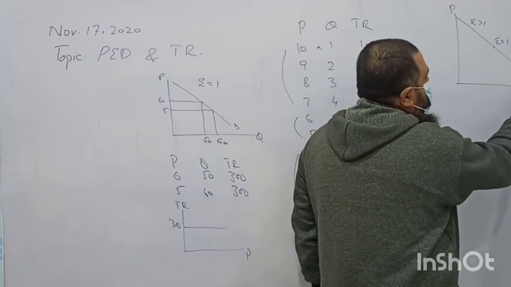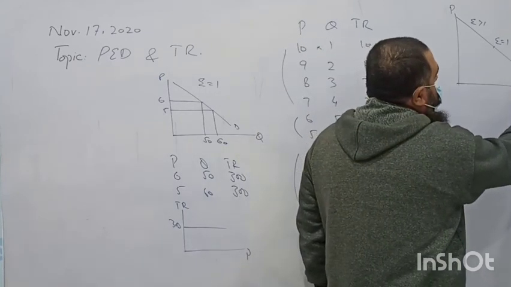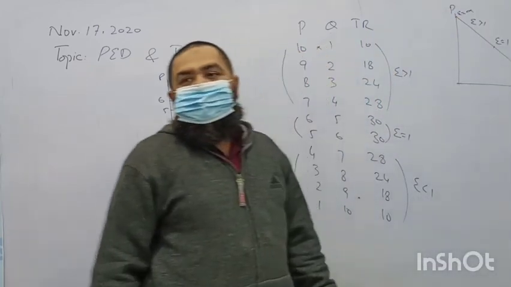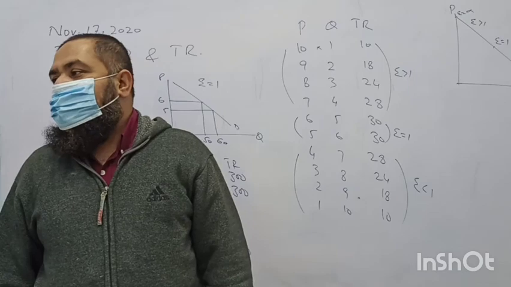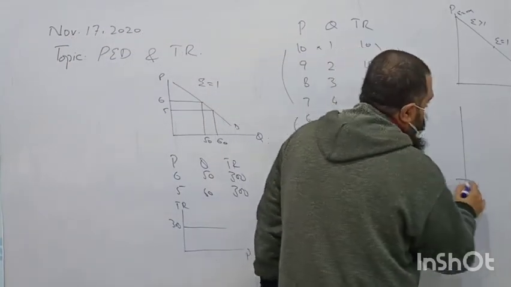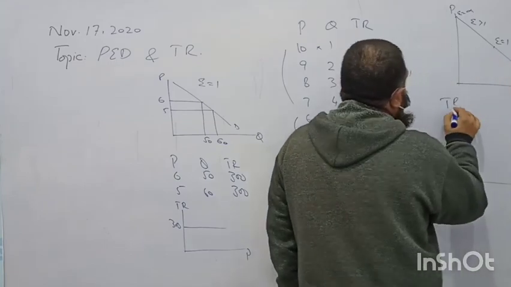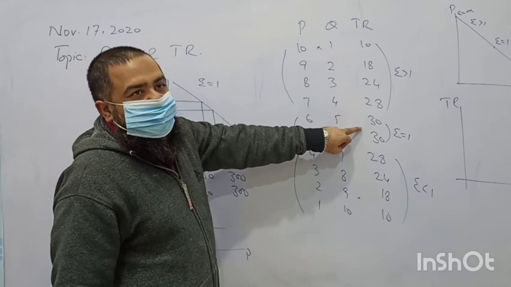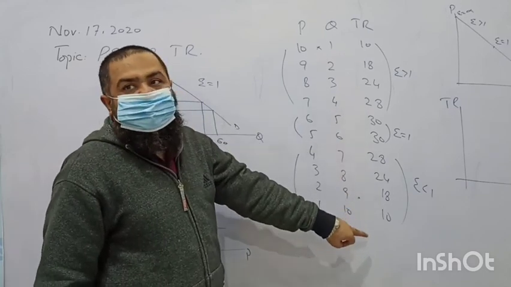And where quantity is fixed, elasticity is 0, and where price is fixed, it is infinite. Clear? Now if I draw the total revenue shape, what is happening to total revenue? First it is increasing, going to maximum, then starts falling.